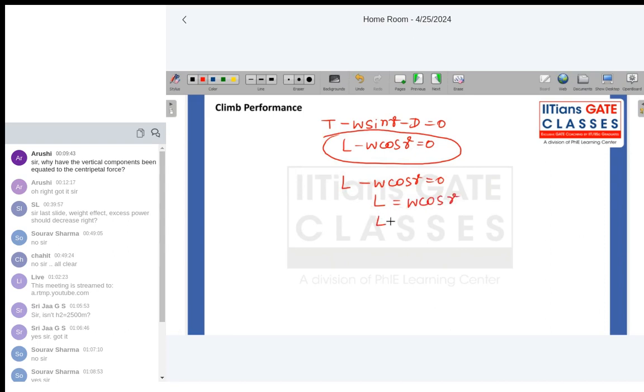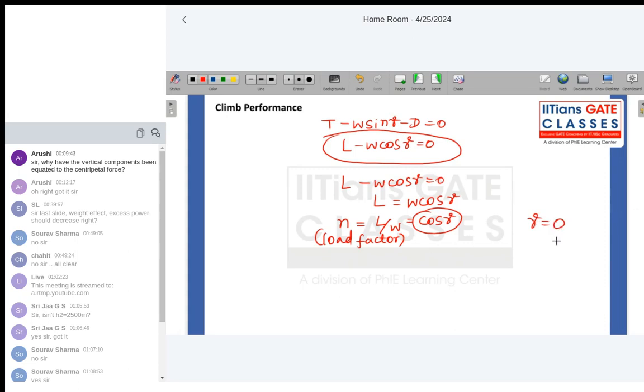If I take weight to the other side, lift by weight equals cos gamma. Lift divided by weight is called the load factor n. For climbing flight, the load factor, which is cos gamma, will become 1 only when gamma equals 0, since cos 0 is 1.